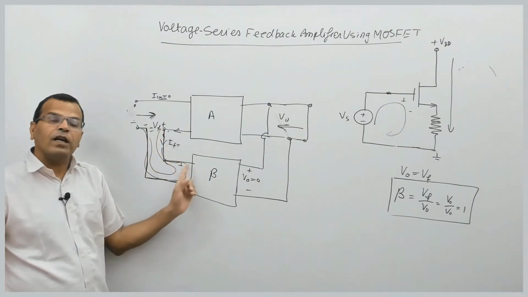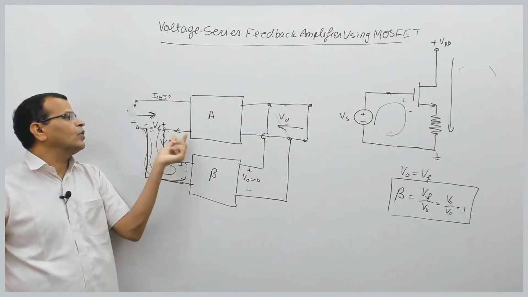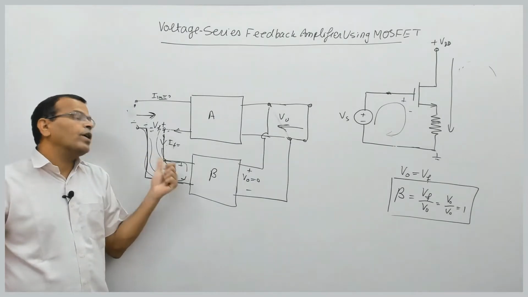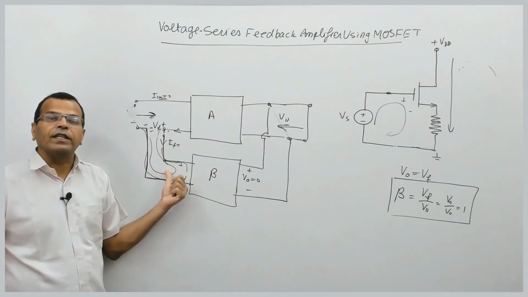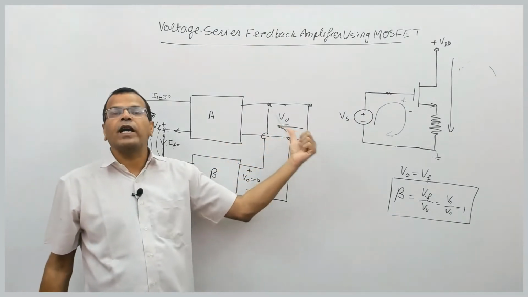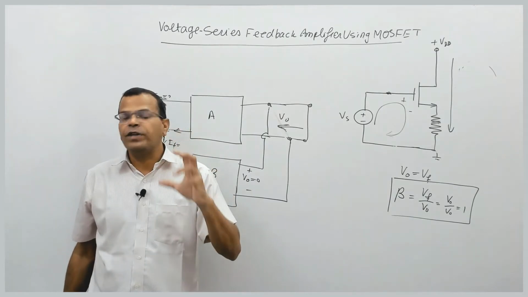If this current is 0, this current will be 0. So the circuit seen from the output side is known as the output circuit without feedback loading.